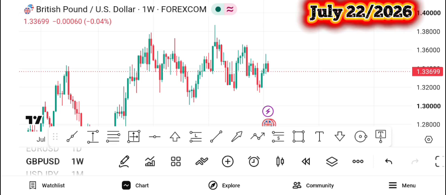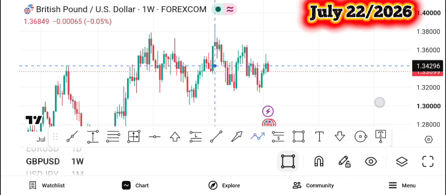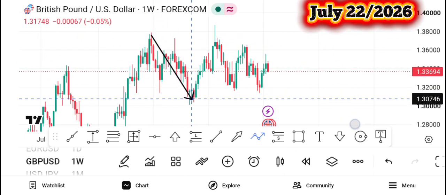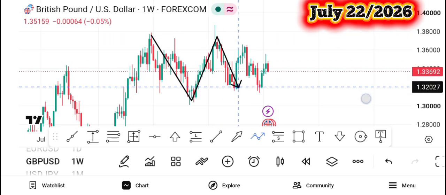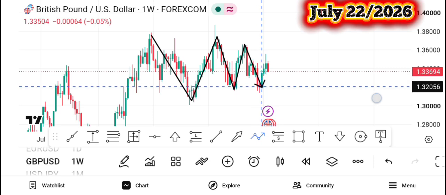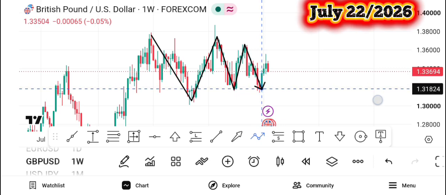And so guys, I want to first of all identify the trend of the market. So let's start from this place here. If you observe what price has actually been doing in GBPUSD, price came down here, pulled back up here, came back down here, pulled back up here. Then we now have price in this particular zone of support.